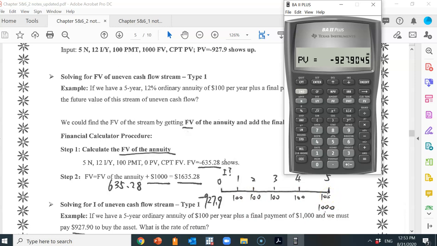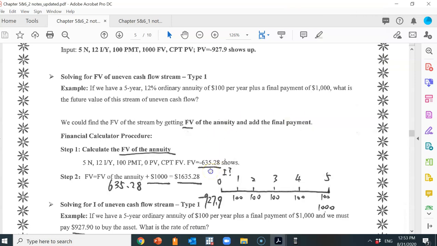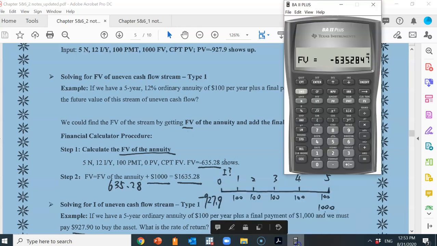So we input 5 as N, 12 as I, 100 as payments, 0 as PV, and compute for FV. So we know the future value of the 100s is 635.28.